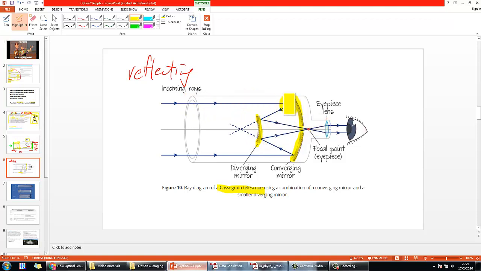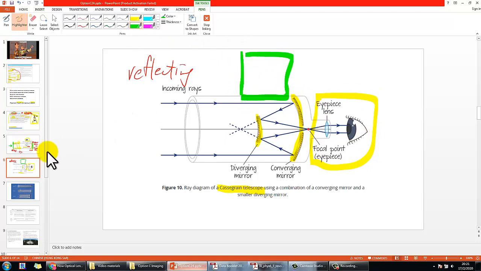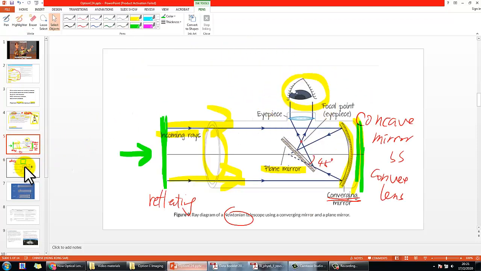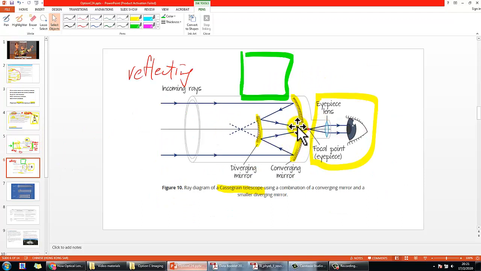Other than having two mirrors in Cassegrain, there is also the eyepiece, of course, both of them have an eyepiece. It's in a different location, as you see here. Just now for Newtonian it is at the side. So for this one, it's also not so easy to set up, because you cannot just set this side on the ground, because you still have to keep this side as the eyepiece.